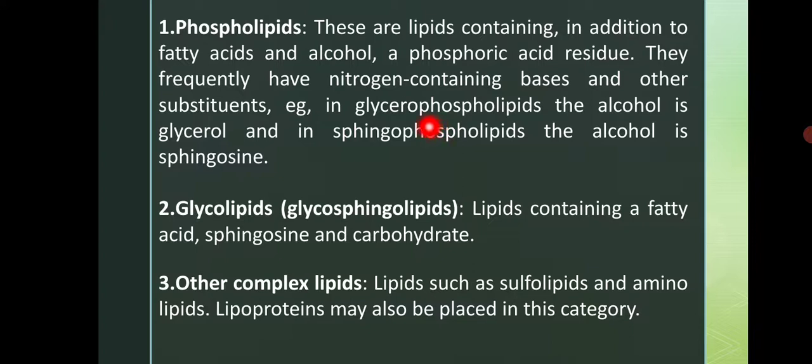Phospholipid is divided into two types, glycerophospholipid and sphingophospholipid. In glycerophospholipid, alcohol is glycerol, and in sphingophospholipid, alcohol is sphingosine.